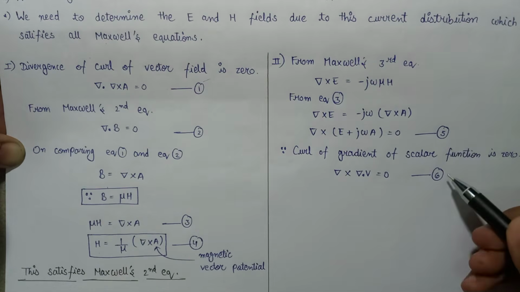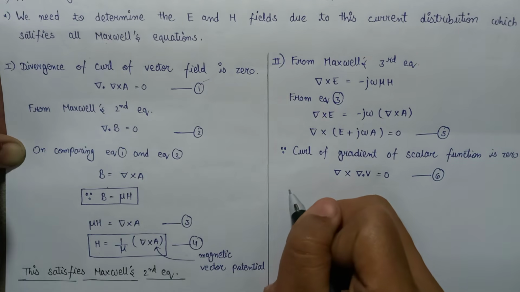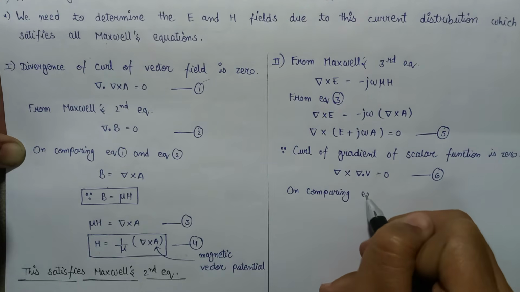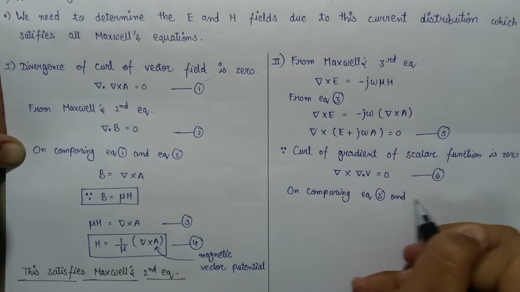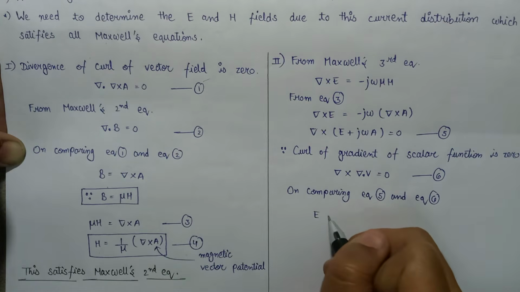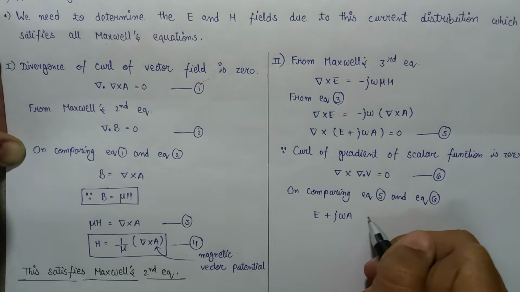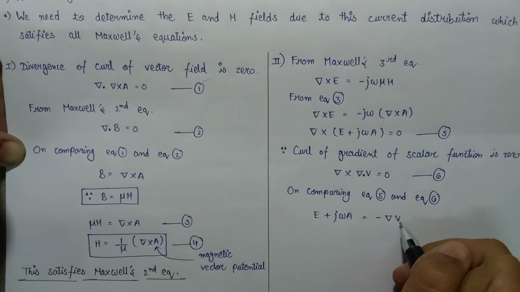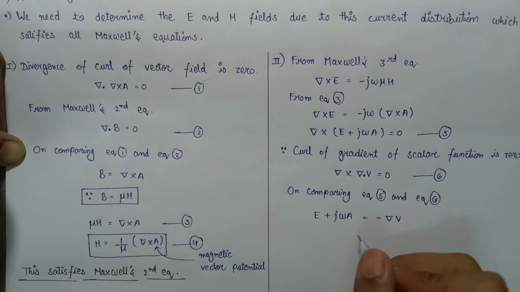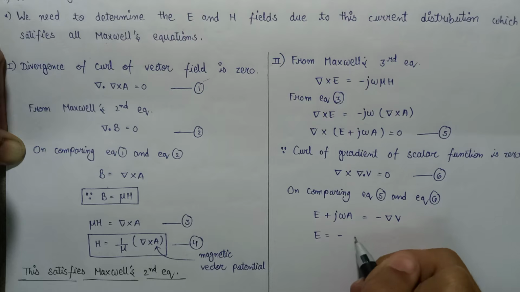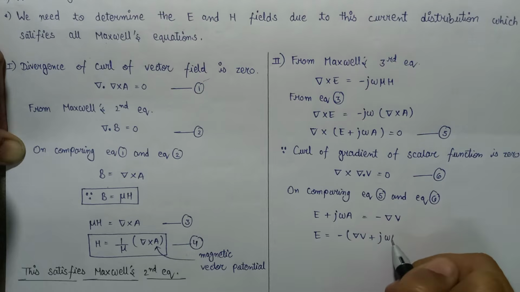On comparing equation number 5 and equation number 6, we can say that E plus j omega A will be equal to minus del V. If we shift it, the electric field will be E equals minus, taking it as a common factor, (del V plus j omega A).